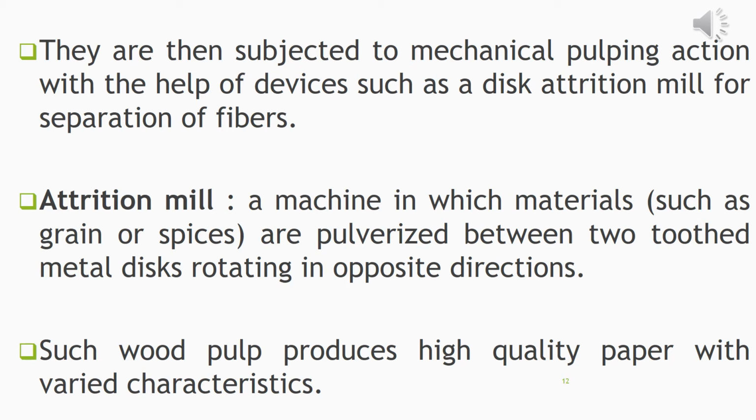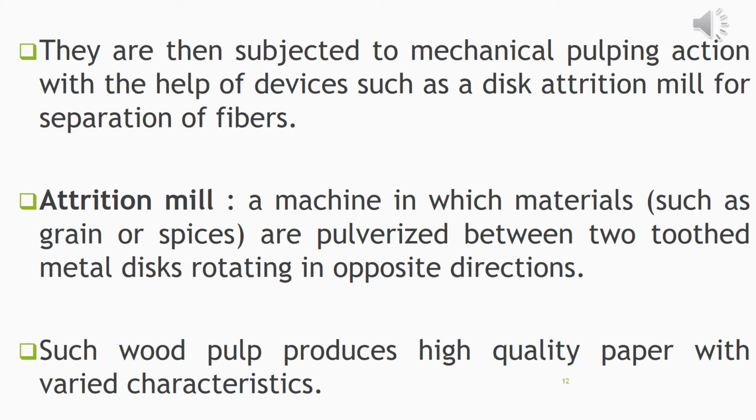The material is ground and converted into powder, crushed between the metal discs, which have teeth. This is the work of an attrition mill.